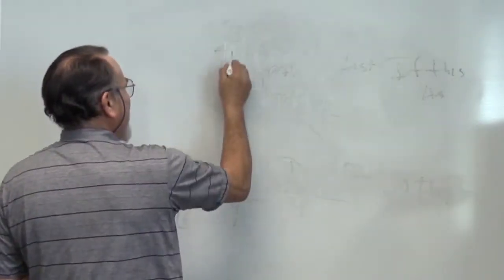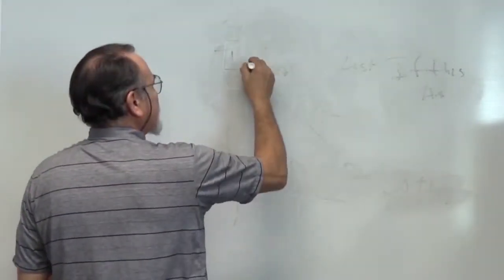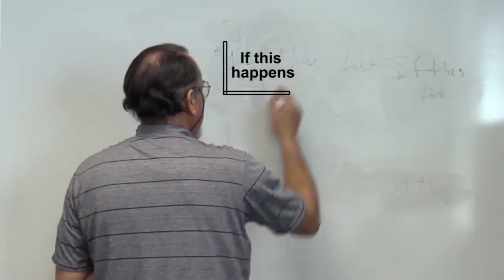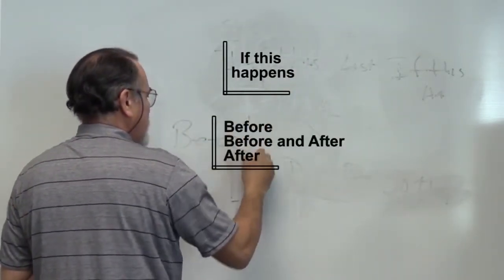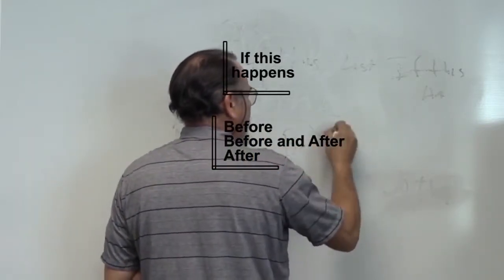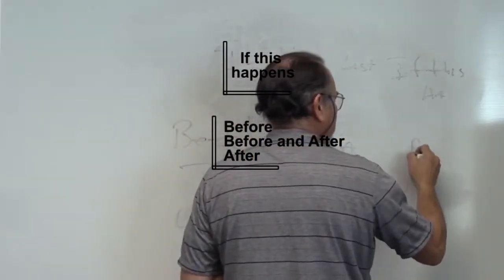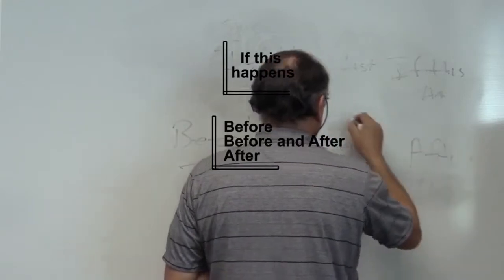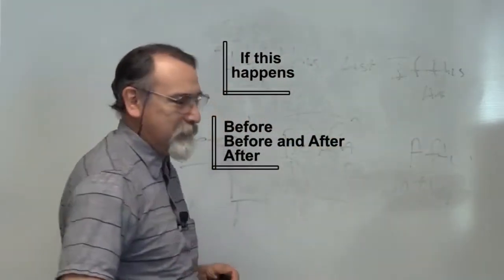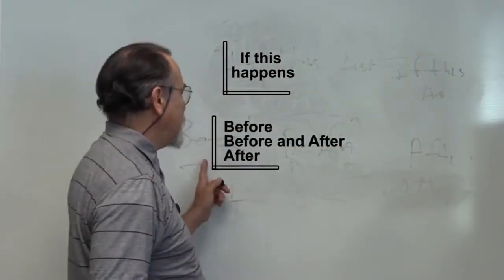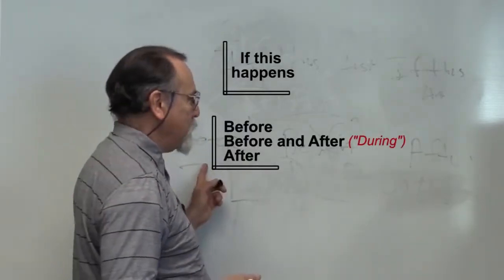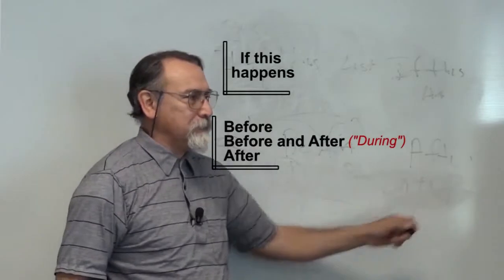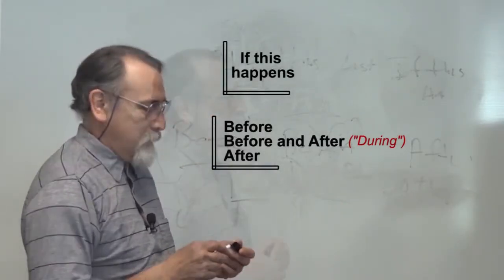You can do it before, and then you have after. The easiest way to say it is before, during, and after. So you have before activity, during activity, and after activity that you can use.